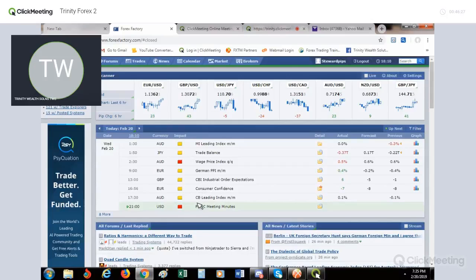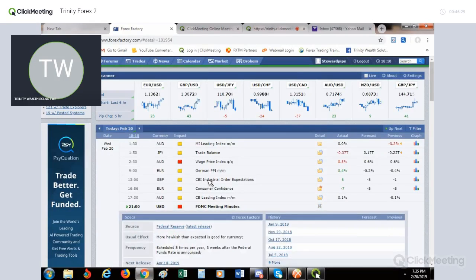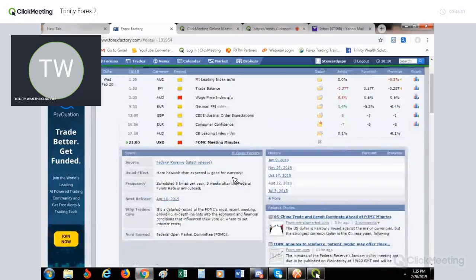All right, so for FOMC, if you open the folder, it tells us more hawkish than expected is good for currency. Remember, we discussed the hawkish tone and dovish tone under the glossary. So if the minutes are more hawkish, then it's good for currency, to mean the dollar is likely to strengthen.